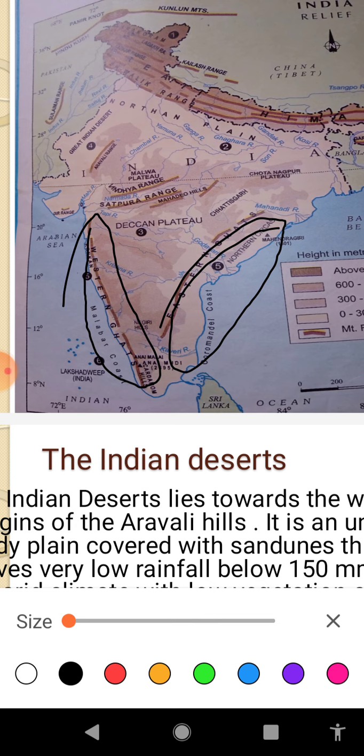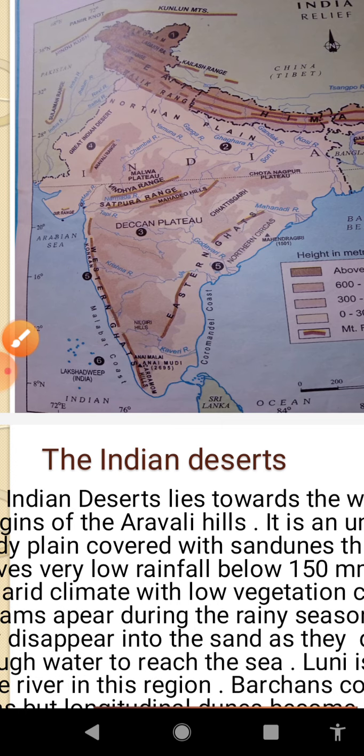If you have to define it, you can say a narrow strip of lowland in between the Western Ghat and the Arabian Sea is termed as the Western Coastal Plain. You will observe that the Eastern Coastal Plain is much wider than the Western Coastal Plain. Now let us discuss these coastal plains one by one.